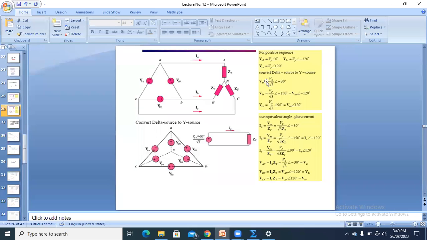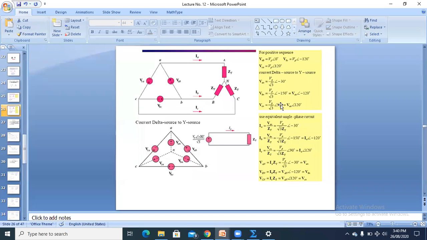After getting the conversion into a Y system, we get the phase value of the phase voltage of the Y system.